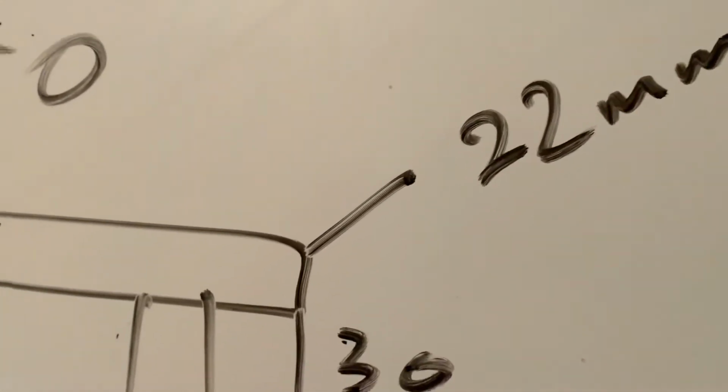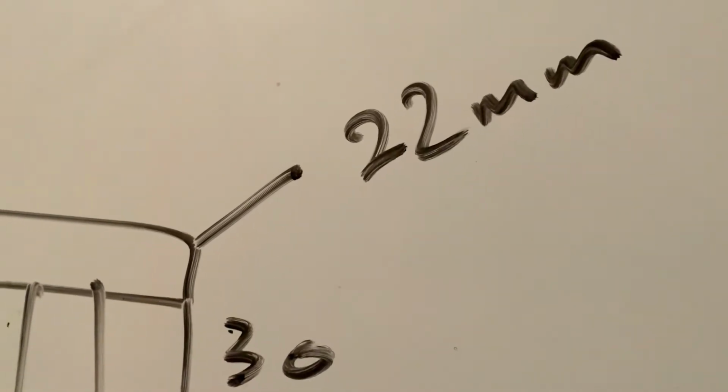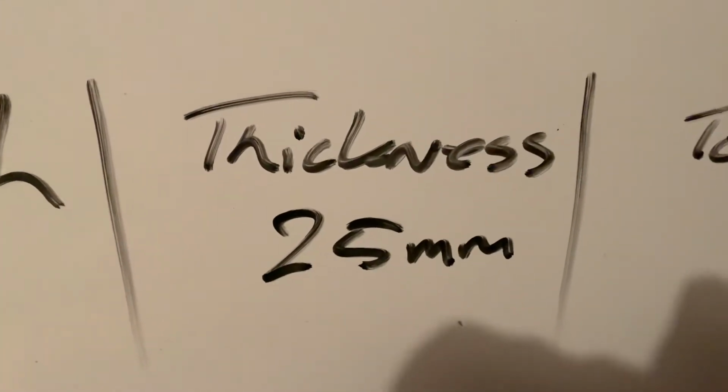Now you'll notice I've written 22 millimeters over here for the thickness of the table. That means that you will mill, or buzz down, that 25 millimeter thick piece of timber down to 22 millimeters.